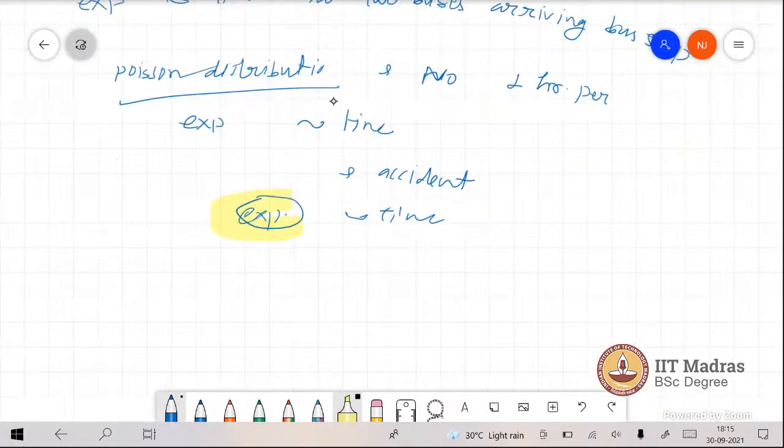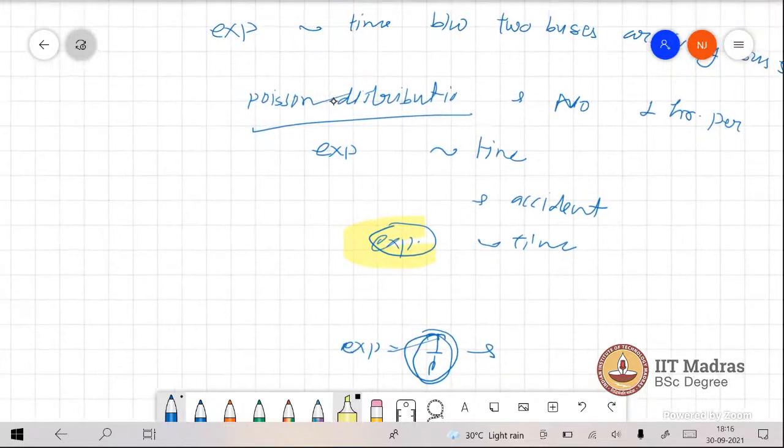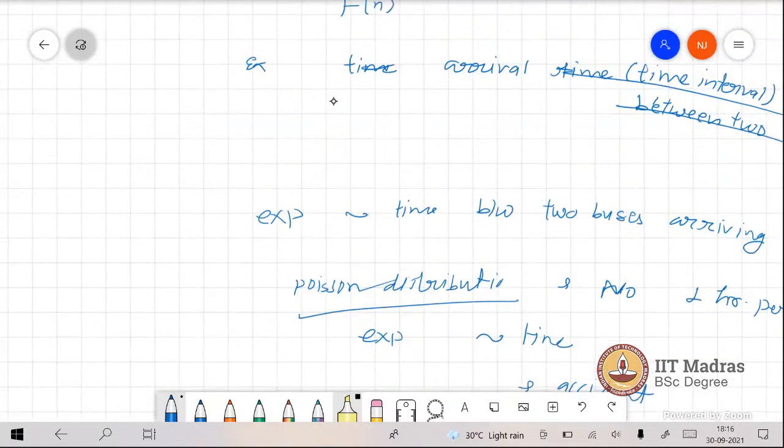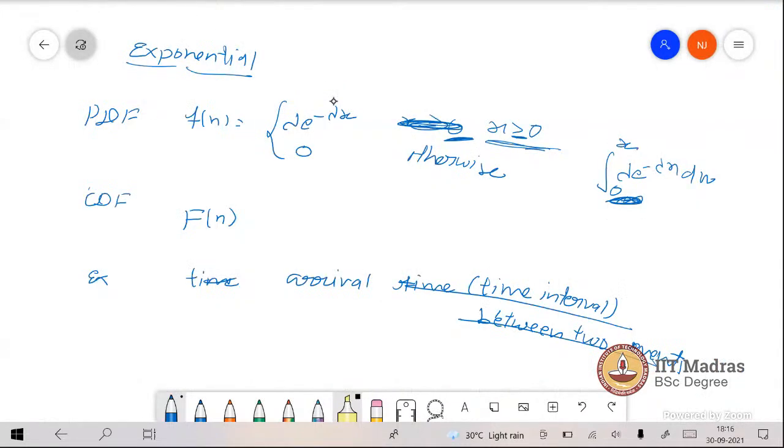And what will be the mean of the exponential? It is 1 by lambda. That is, on average, 1 by lambda will be your time interval between two events. So that scenario is modeled using the exponential distribution. You can include 0 or not include it, it doesn't matter, because the time interval can start from 0 to infinity, right?